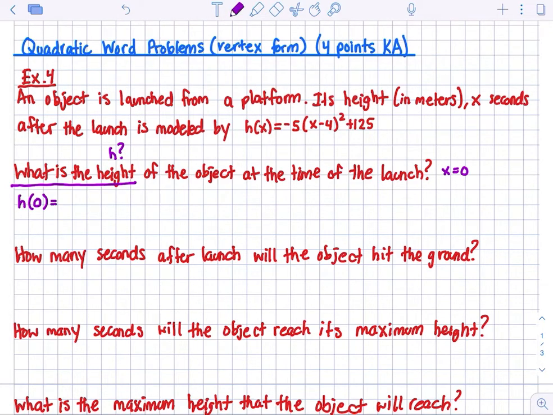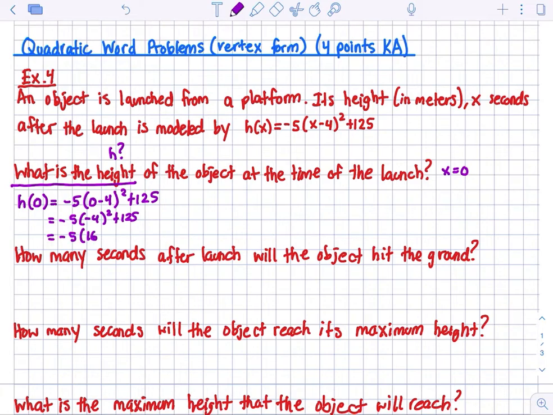So h of 0 is equal to -5 times (0 - 4) squared plus 125. And then we just solve from here. -5 times (-4) squared plus 125. (-4) squared is 16.